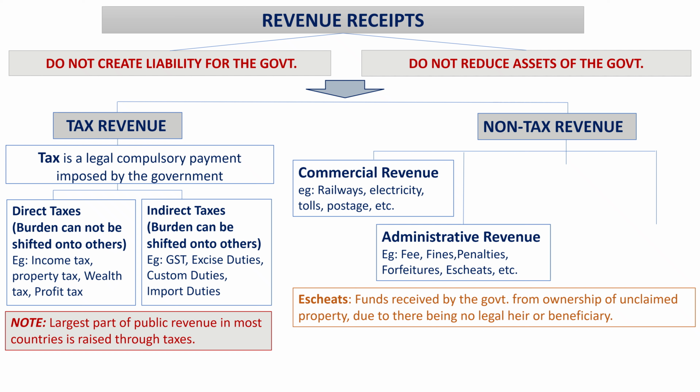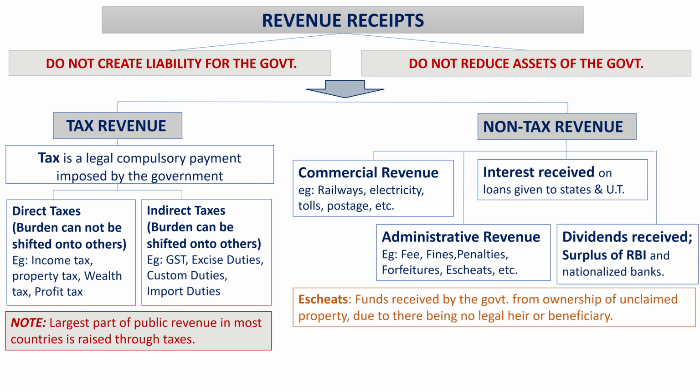Escheats are the funds which the government receives from ownership of unclaimed property due to there being no legal heir or beneficiary. The central government gives loans to the state governments and union territories, and they receive an interest on those loans. This interest is also a part of non-tax revenue.